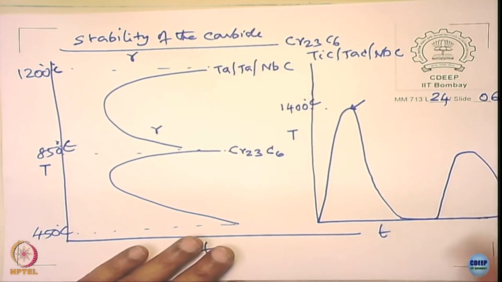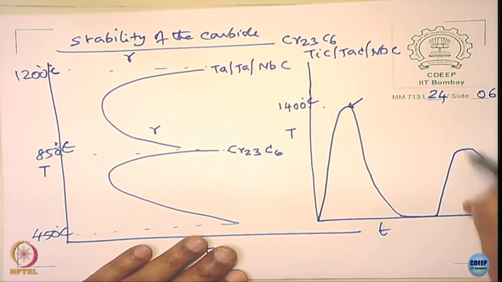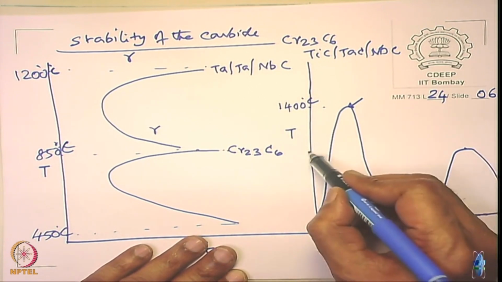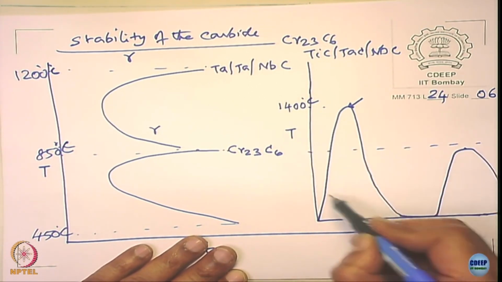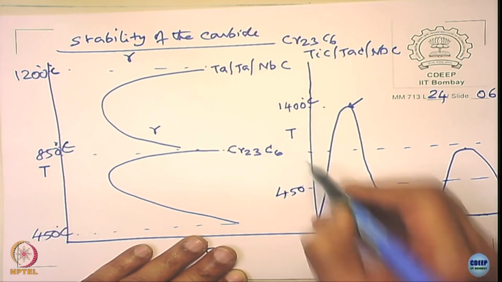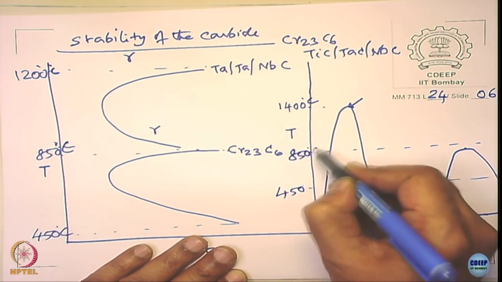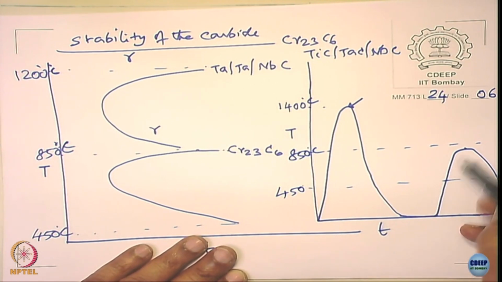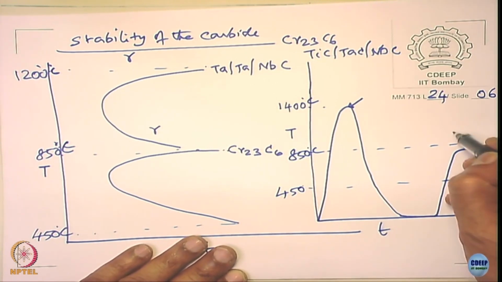Okay, that is they dissolve. When you again raise it to this temperature, what happens now? This is in the range of 450 and it will be. So what happens now? Suppose you reheat again, what happens now? What forms? Chromium carbide forms.